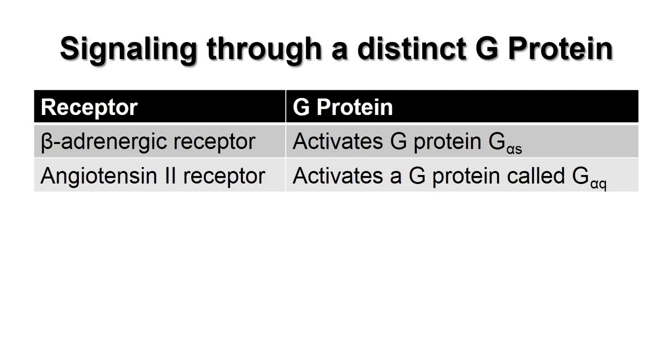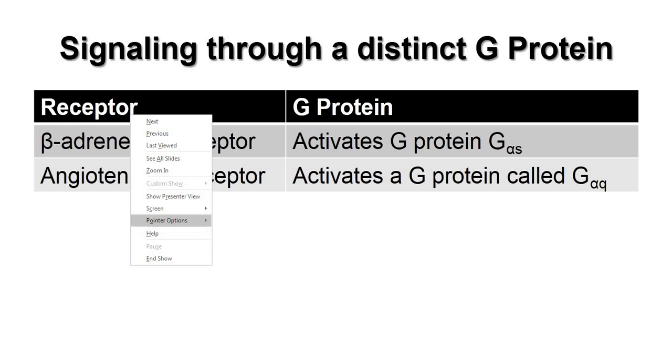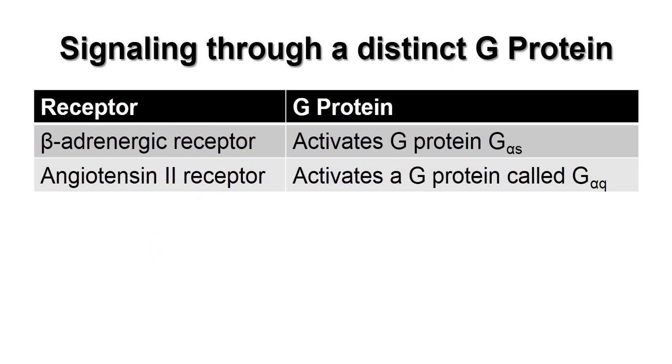The angiotensin 2 receptor activates a G protein called G alpha Q. So this is the difference: the angiotensin 2 receptor, the current pathway that we are studying, activates the G protein G alpha Q. So the G protein involved in the phosphoinositide pathway is distinctly different from the earlier video where we talked about the epinephrine signaling pathway.